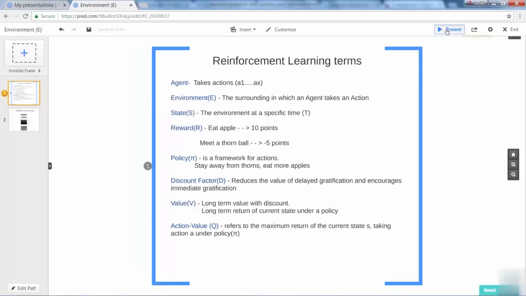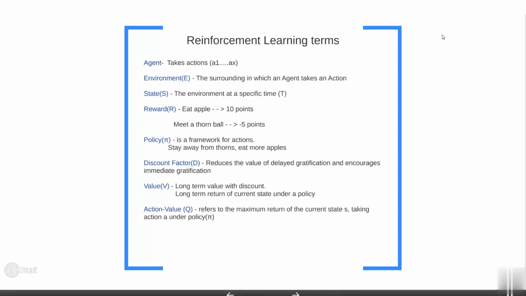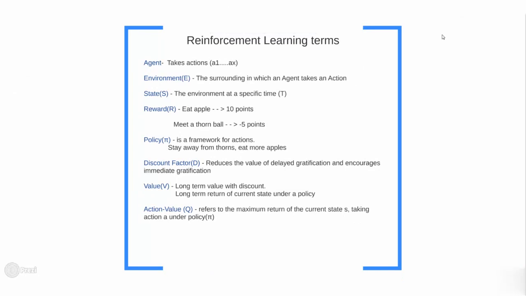So first we have an agent. This agent is much like a human being which takes actions, which could be A1 through AX. So these are many actions possible within a certain environment. Environment is basically the surrounding in which an agent takes an action.